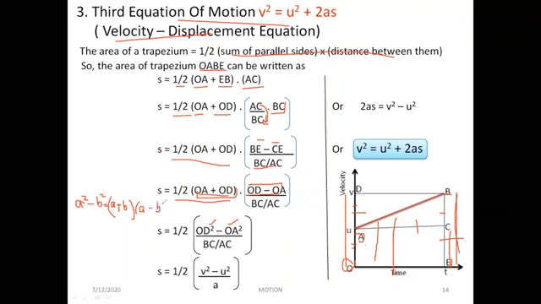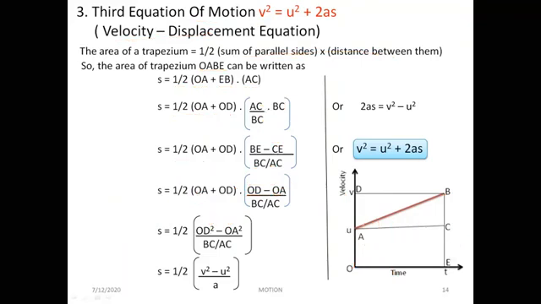So by using this formula, A plus B into A minus B, we can write here A square minus B square.